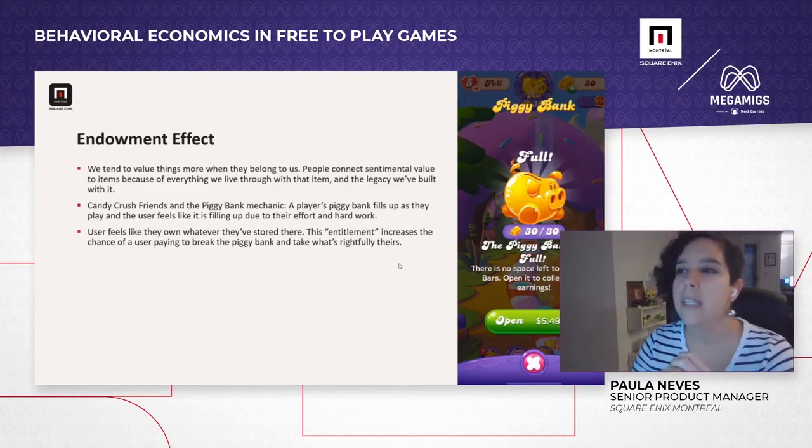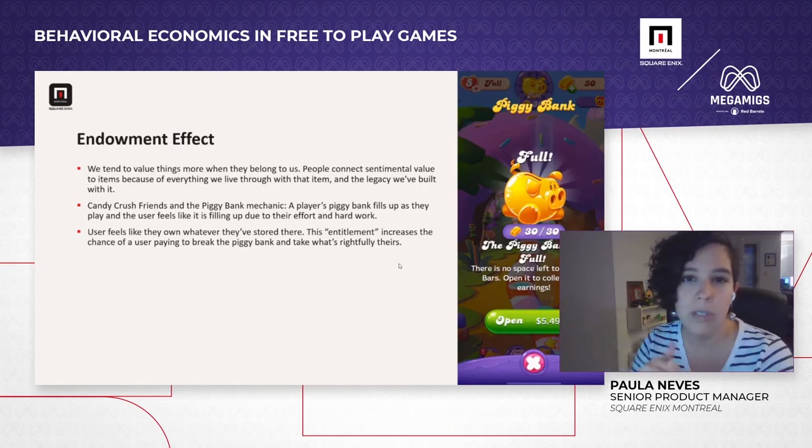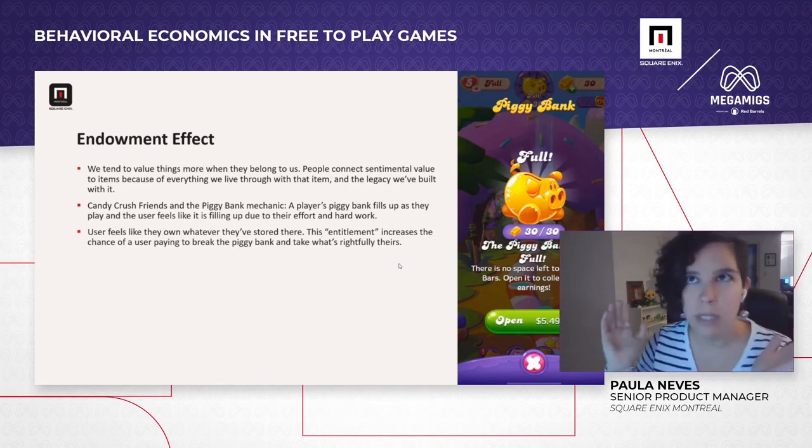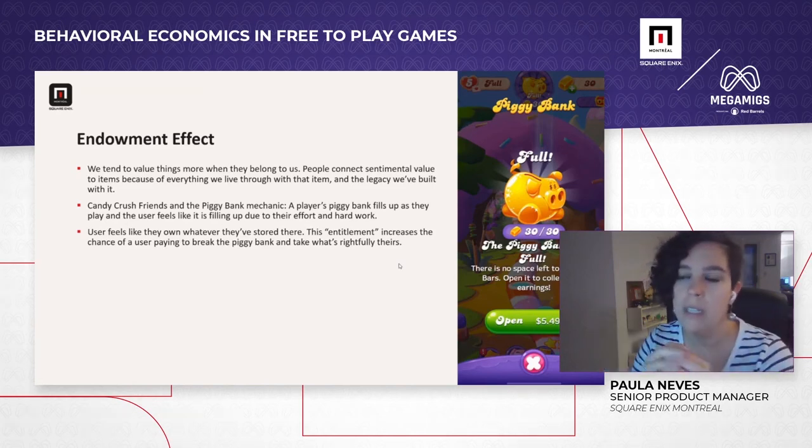So Candy Crush Friends and a lot of other games, this started with social casino games, the piggy bank mechanic, but now a lot of casual games I can think of use it. Candy Crush Friends, Homescapes, Gardenscapes, they all use the piggy bank mechanic. So a player's piggy bank will fill up with hard currency as you play.